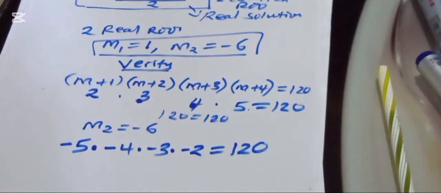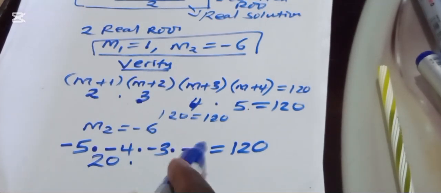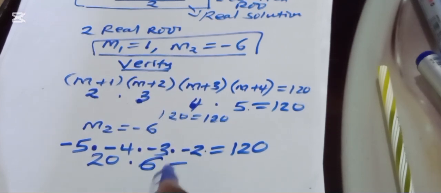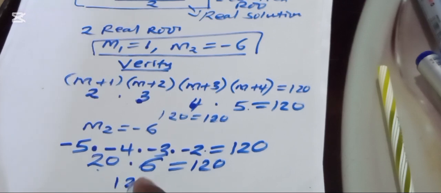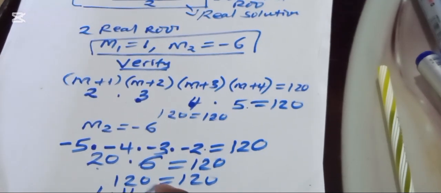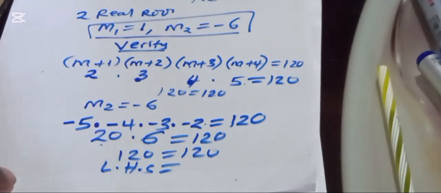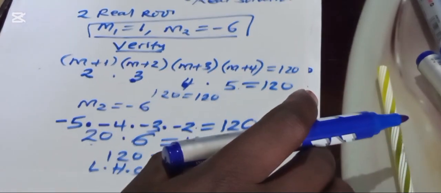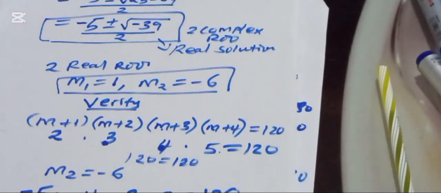Negative 5 times negative 4 is 20, multiplied by negative 3 times negative 2, which is 6. So 20 times 6 is 120, and that means the left hand side is equal to the right hand side.